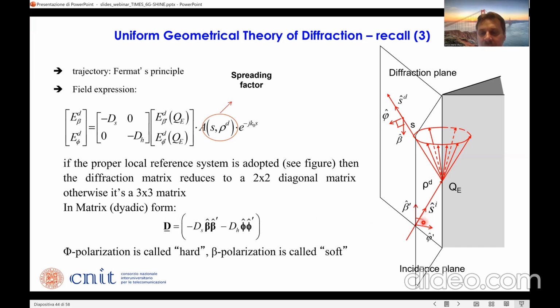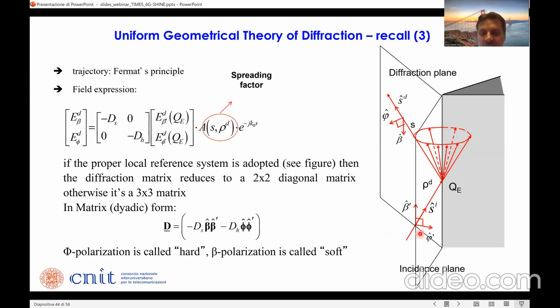In particular, we can define the incident plane, which is the plane containing the incident ray and the edge, and the diffraction plane. So it is the plane containing each of the diffracted ray along the Keller cone and the edge.